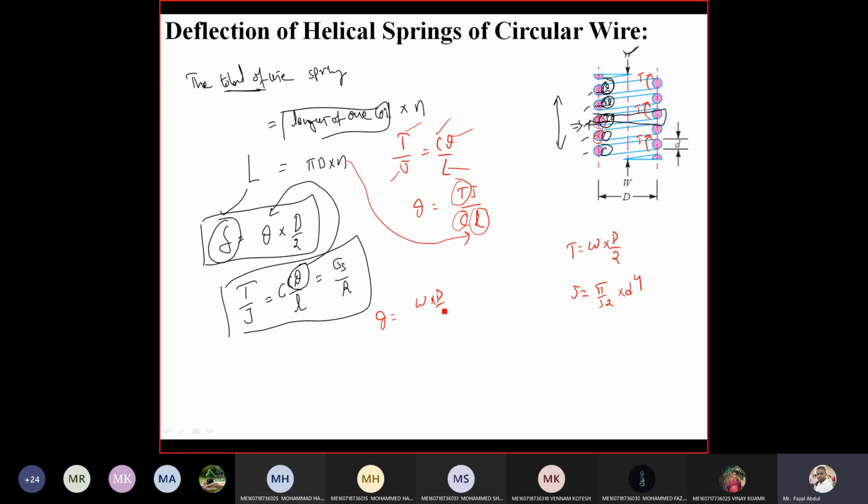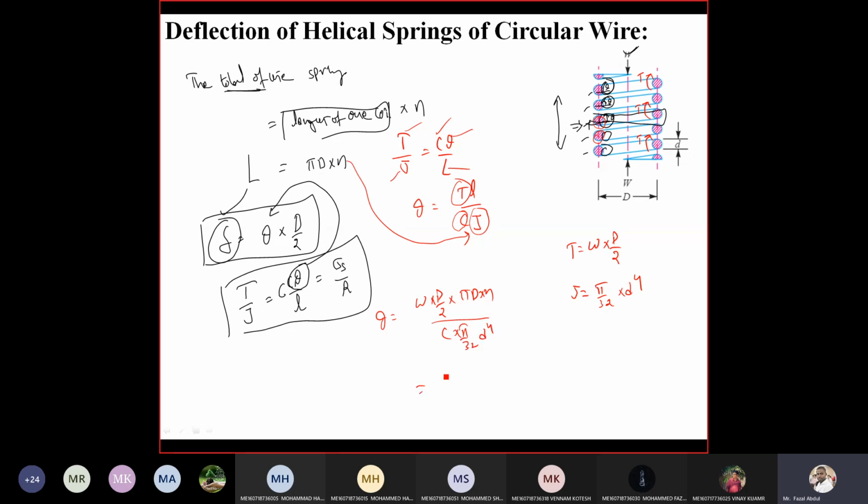Theta equals T into L by C into J. T is load into D by 2, L is pi D into N, divided by C into pi by 32 into D power 4.